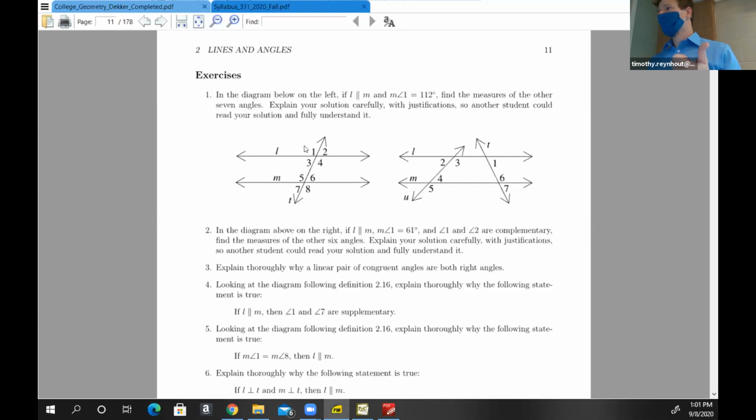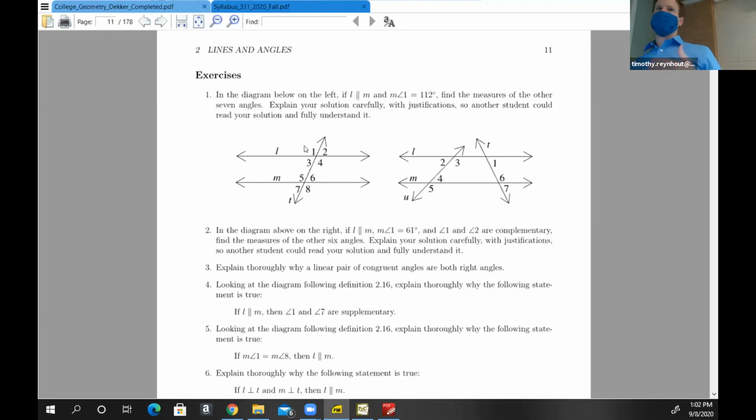We have several situations of linear pairs, and linear pairs are supplementary, so use that. And then alternating interior angles, since L and M are parallel, and then corresponding angles are congruent because they're parallel. Those are the only things that we really need to use for number 1. I think for the most part that was okay.